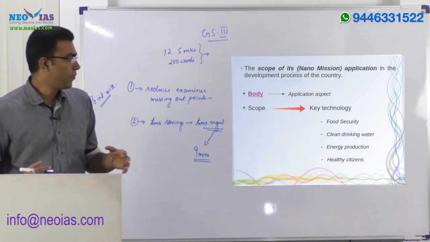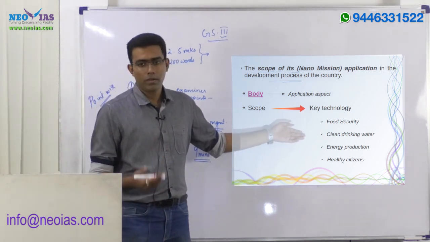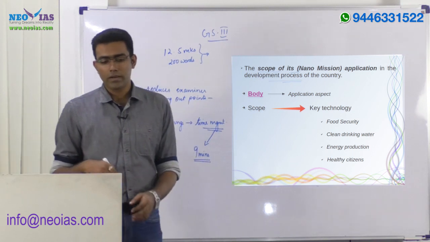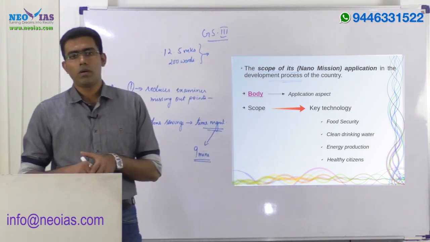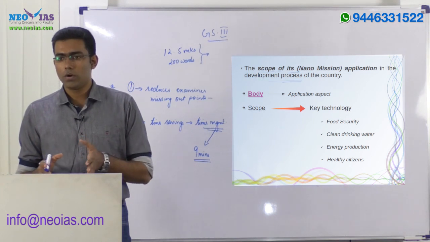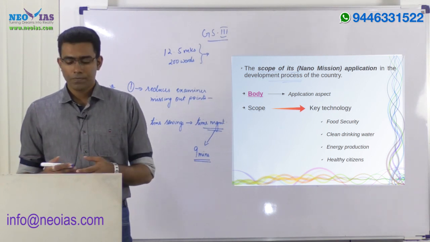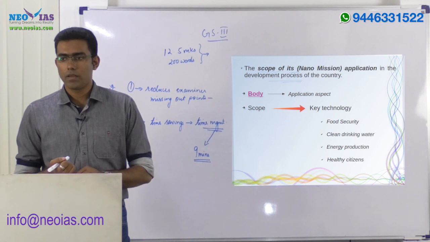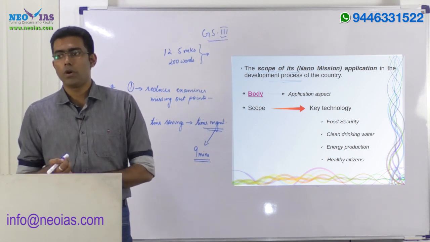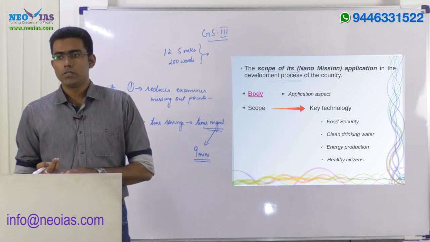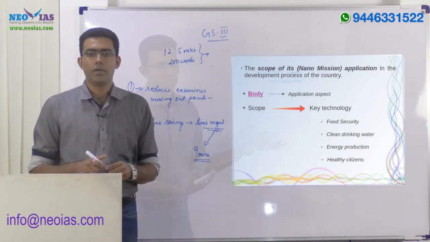So this is how the food security aspect is introduced. Now coming to clean drinking water. So in clean drinking water, you can say about supplying clean drinking water to the drought hit areas, wherein the use of graphene can bring about a cost effective desalination, and water purification is also possible, so that clean water can be given.